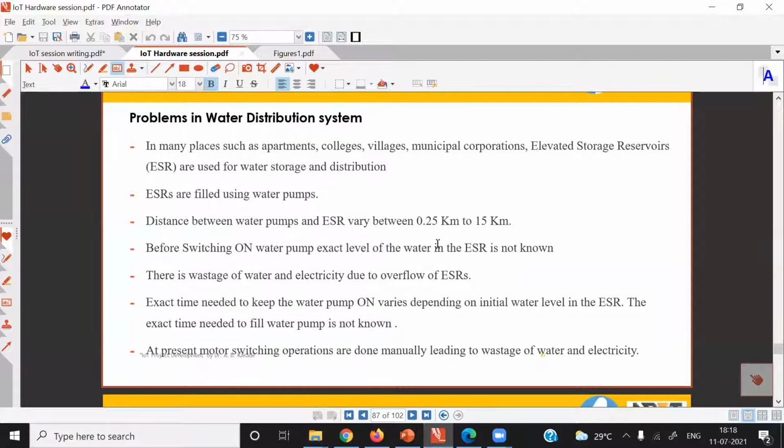Therefore, the operator doesn't know the initial level in the water tank, and many times there is overflow of the water. I have already developed a GSM based system for when the distance between the motor pump and overhead water tank is large. We are in the process of converting this system using IoT.